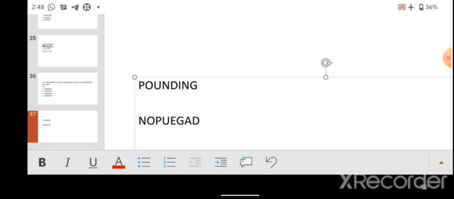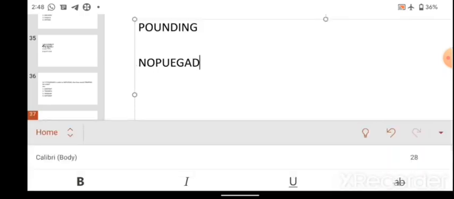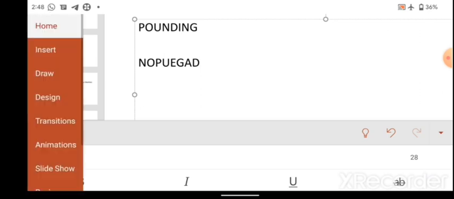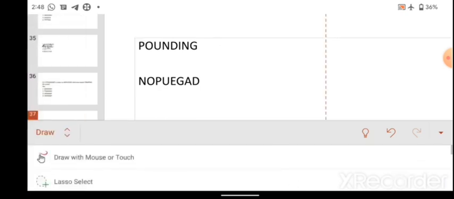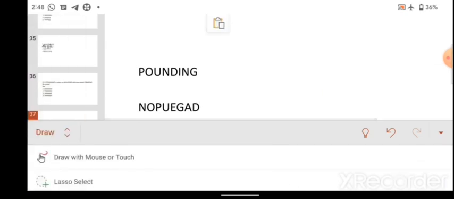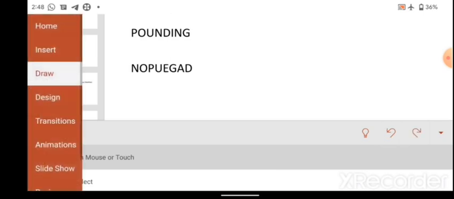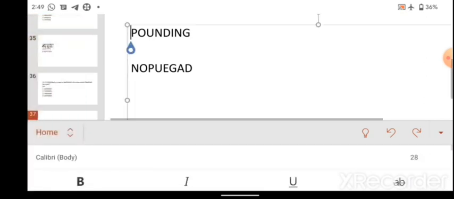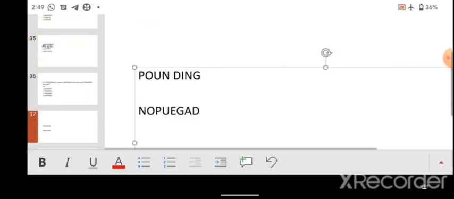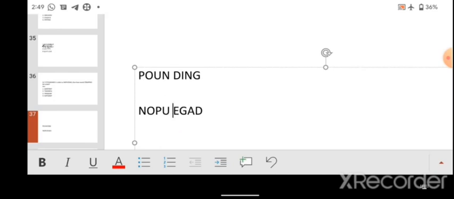So you see, the first 4 letters are jumbled among themselves, and the last 4 letters are also jumbled among themselves.